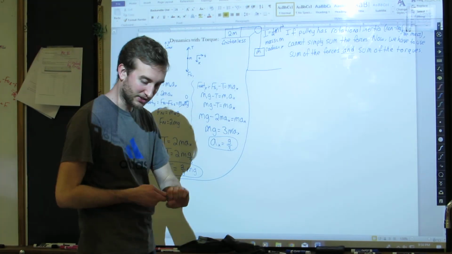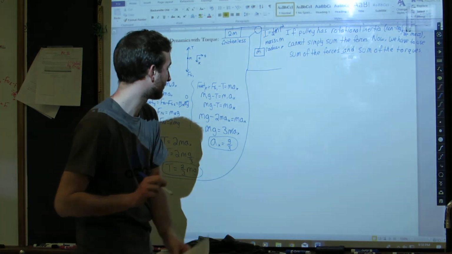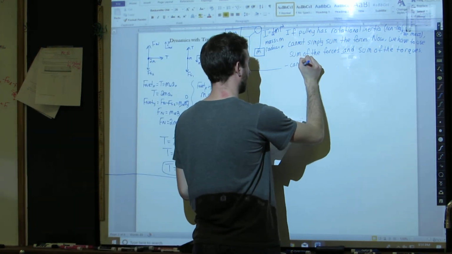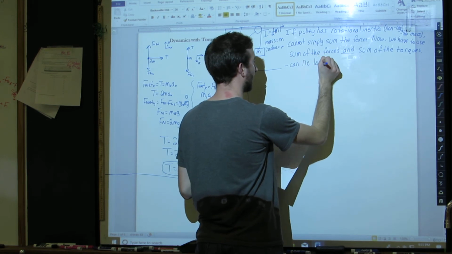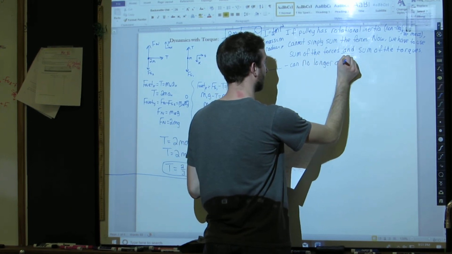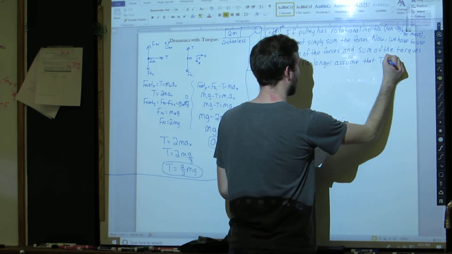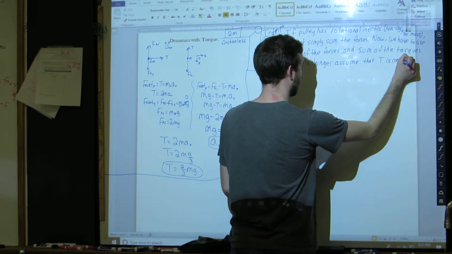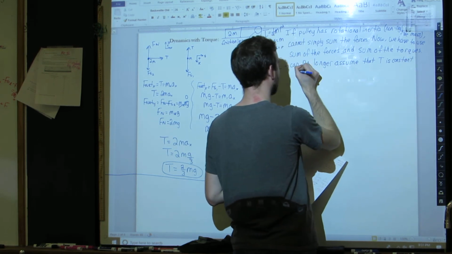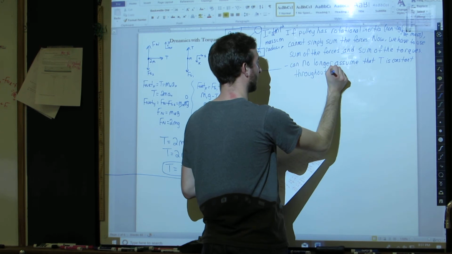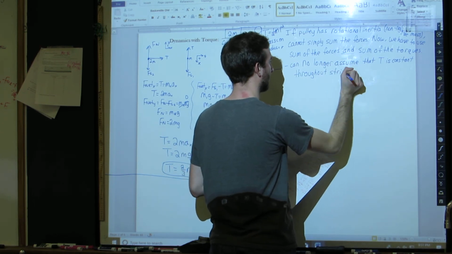Now, here's the interesting part. If this happens, we also can no longer assume that T is constant throughout the string, which is unfortunate.